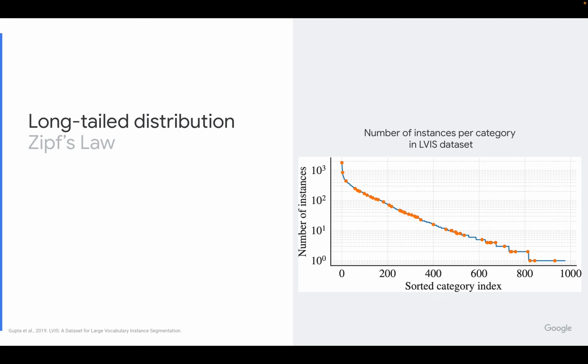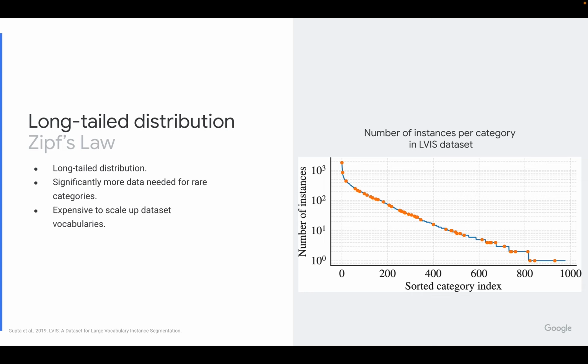In natural images, object categories follow a long-tail distribution, which is also called the Zipf's law. To find sufficient training examples for rare categories, people need to collect significantly more data. The figure on the right shows the sorted number of instances per category for the LVIS dataset. We notice that a very large number of categories have less than 10 instances.